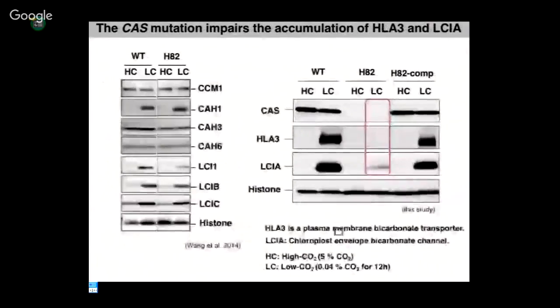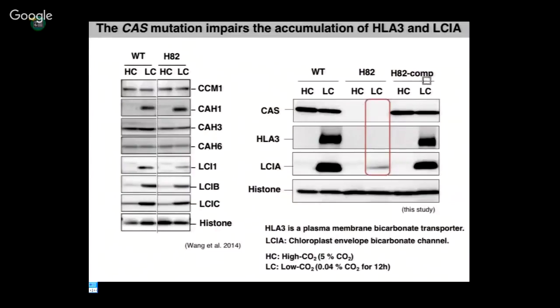So this is a Western blot analysis. Many CO2-inducible genes were induced like wild type, such as CCM1, a regulator, and also ACI1 and ACIBC are induced in this mutant. So not all the CO2-regulated genes are affected. Only two gene products, HLA3 and LCIA, are missing in this mutant.